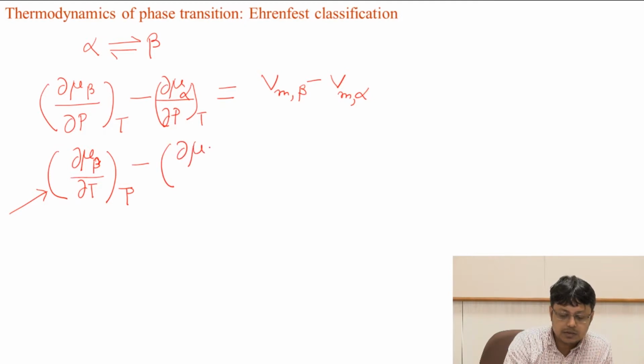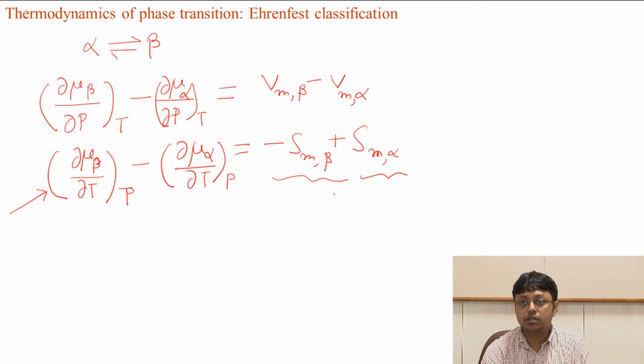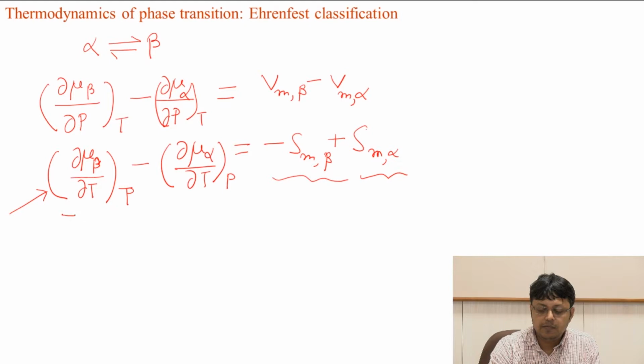Here the pressure is constant, and del mu beta del T, keeping the pressure constant, is nothing but minus S_m, the molar entropy for the beta phase, and then it will be a plus sign because I'm taking the negative of that, and then I'll have the molar entropy for the alpha phase. Now think about it. These two quantities, S_m alpha and S_m beta, are both non-zero, and there will be a difference.